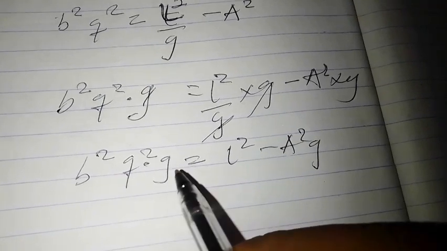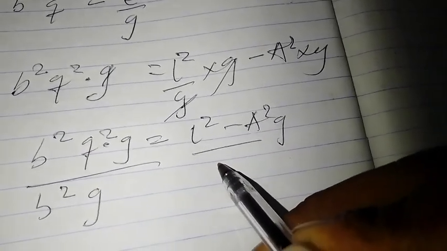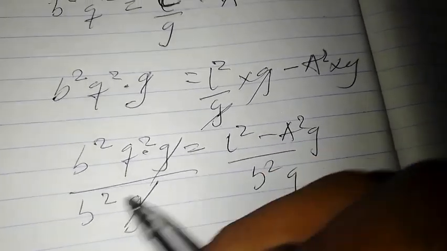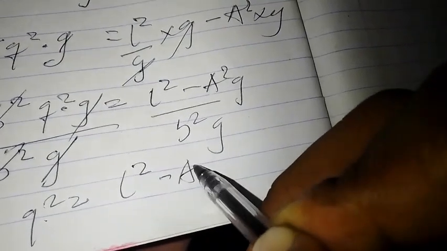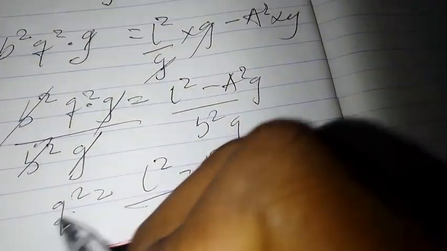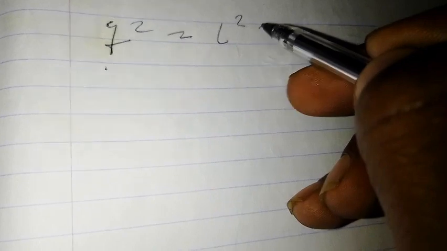So now here we are going to divide through by B squared G. So Q squared equals L squared minus A squared G all over B squared G. We're told to find Q, but not Q squared.